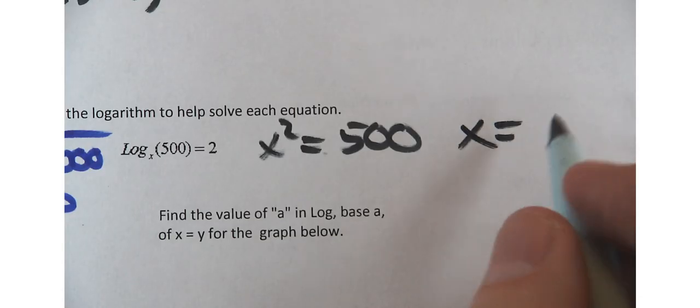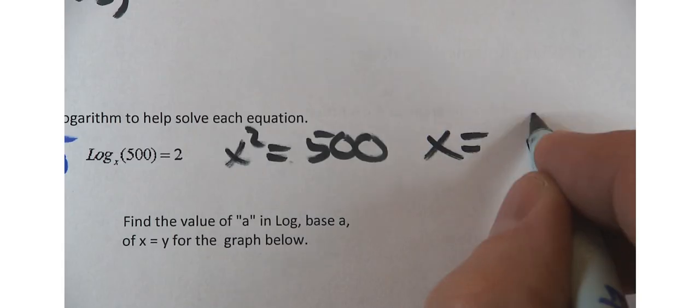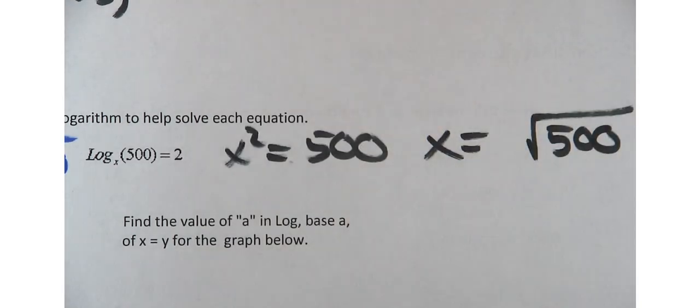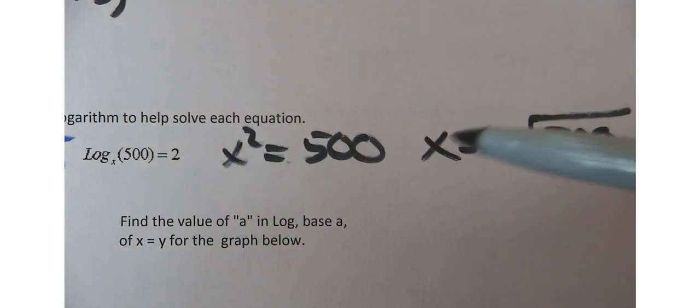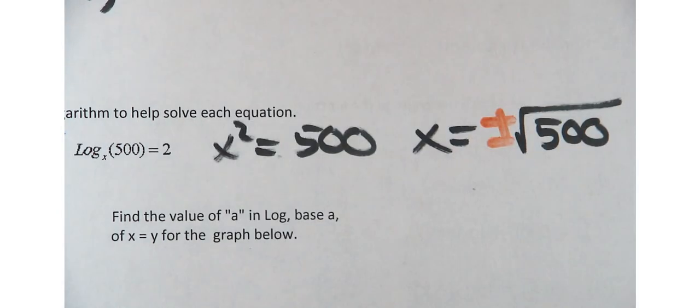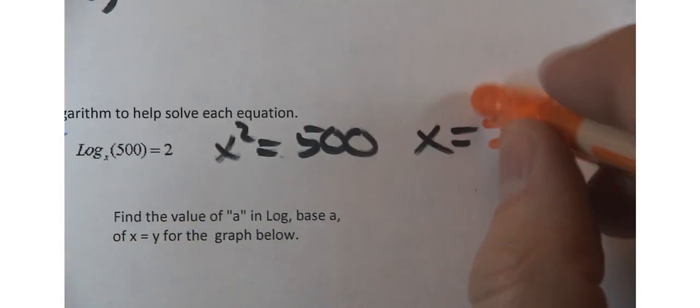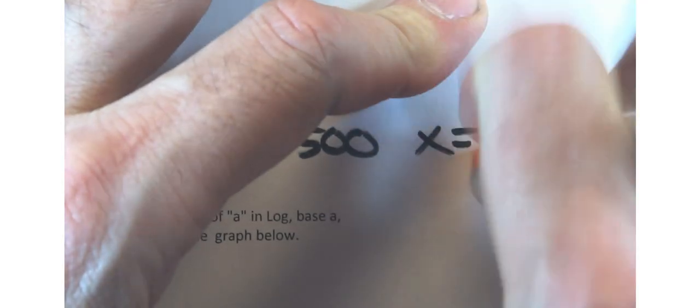How would you solve for x? Square root. Now here's a little place where I run into a dilemma, because technically it should be plus or minus the square root, but in our case we don't really want the plus or minus, it's just the plus. So let's get rid of that and just keep the plus.